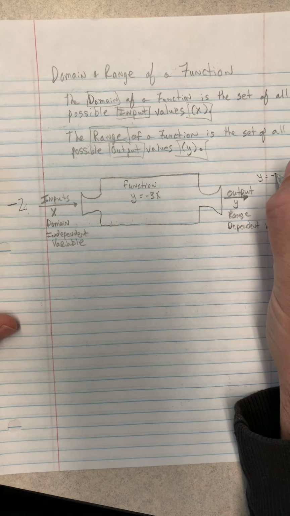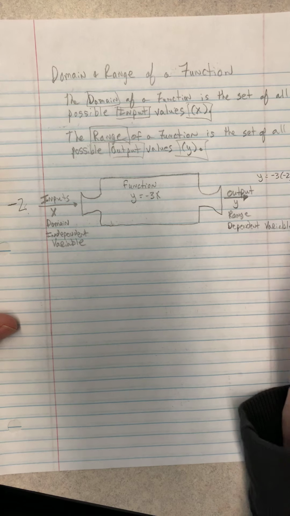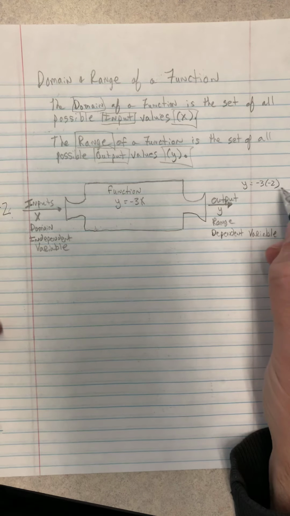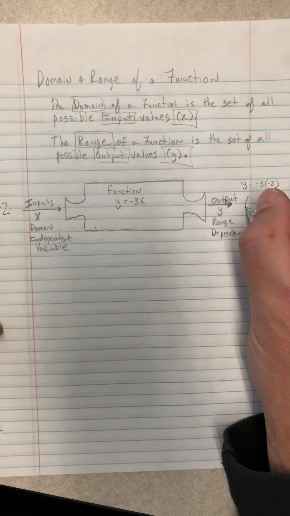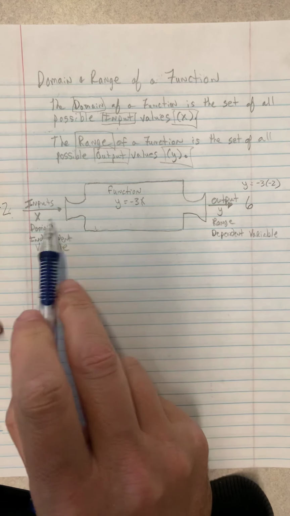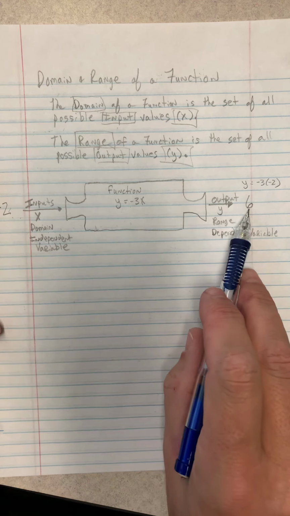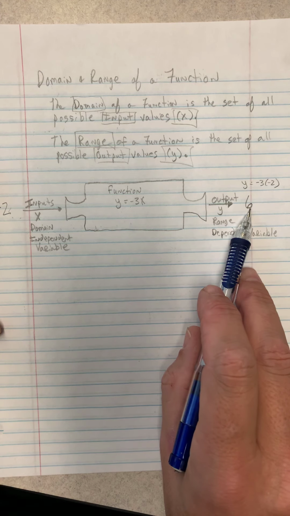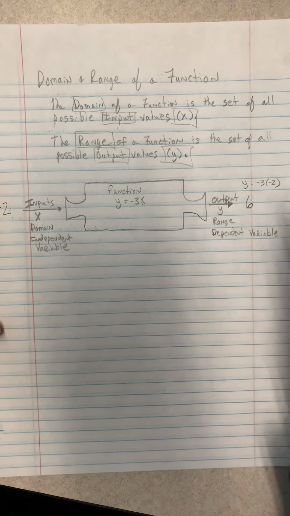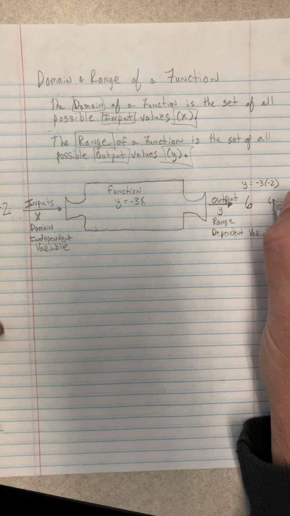Y is equal to negative 3 times negative 2. Well, what's negative 3 times negative 2? Positive 6. With this function, if I have an input of negative 2, I have an output of 6. With this function, I have an ordered pair of negative 2, 6.